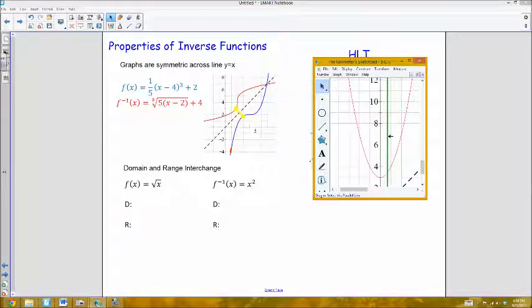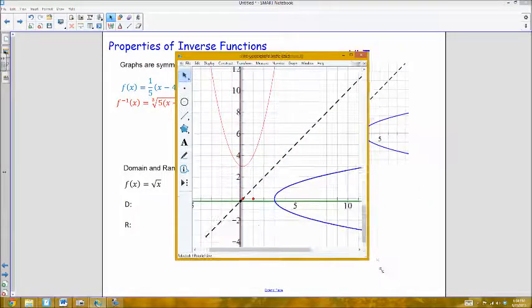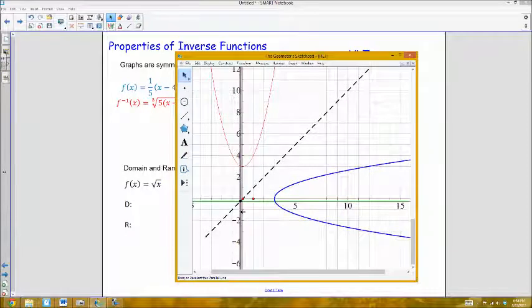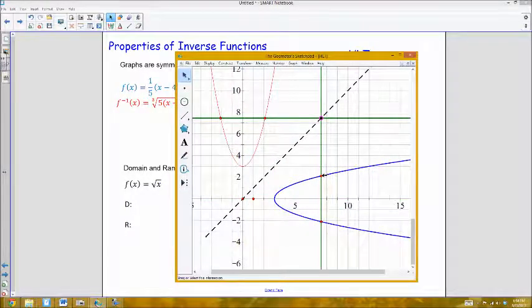For every point along this line, there is only one point on the graph itself. But as I zoom this out to look at my corresponding inverse, notice that the inverse of this graph is not a function because this vertical line is intercepting it at more than one point.